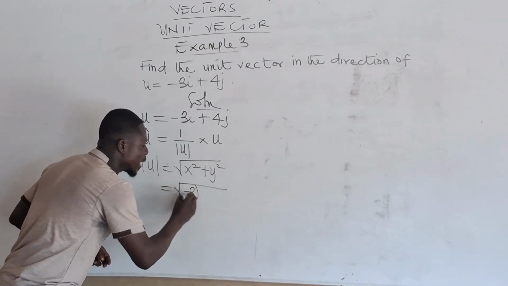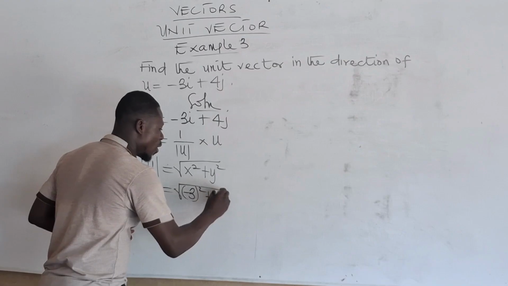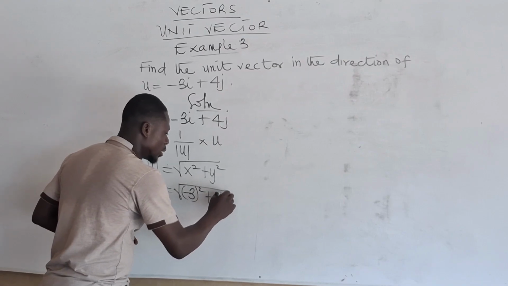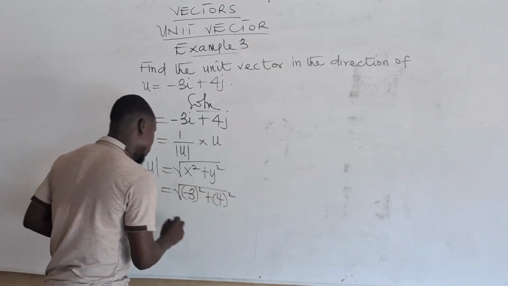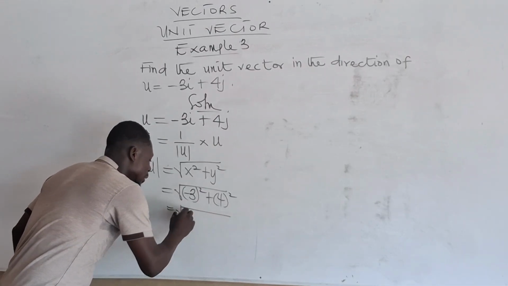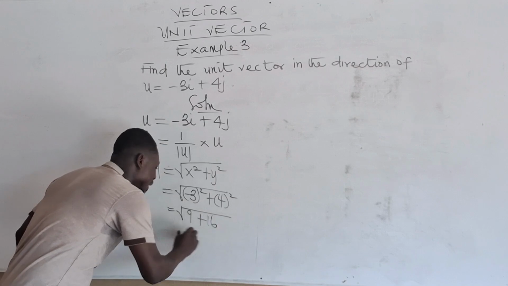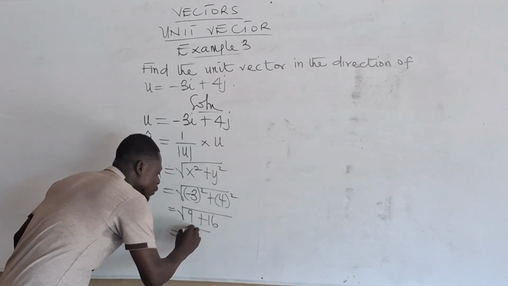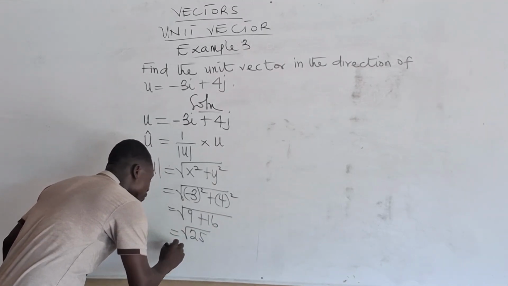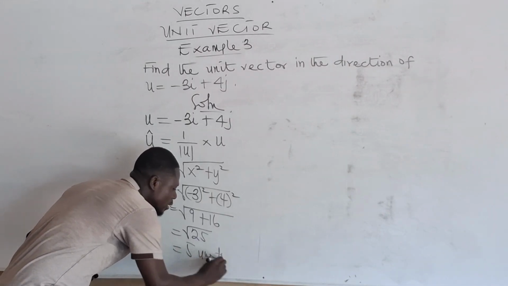So negative 3 squared plus 4 squared. Now this will give us 9 plus 16. And adding the 2 will be 25. And the square root of 25 will be 5 units.